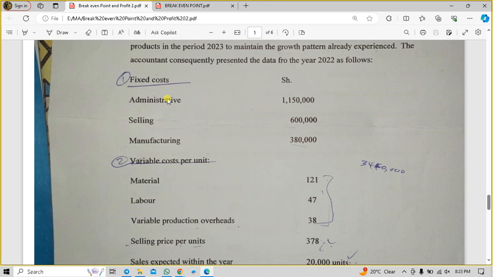Ati, what are you getting? Total fixed costs. Yes, 213,000, correct. Alafu profit.